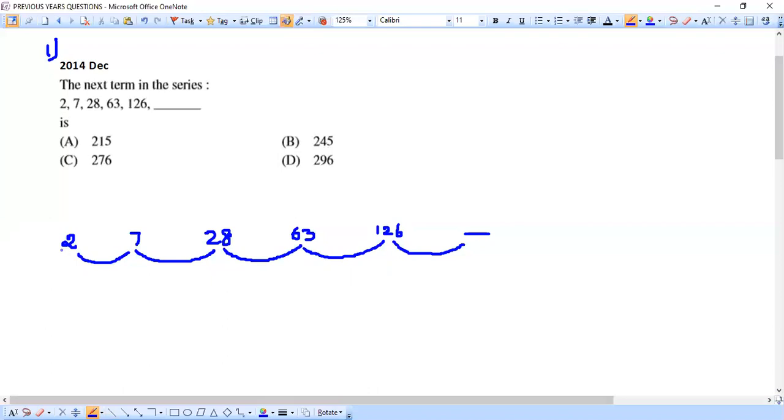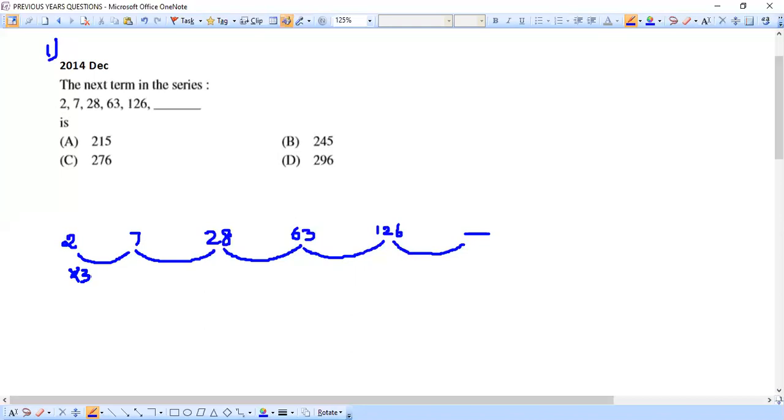So as usual, start from 2, next term is 7. Now we are going to take multiplication tables, that is start with two tables. So 2 ones are 2, 2 twos are 4, 2 threes are 6, and 2 fours are 8, right? So we shall try with 2 threes are 6, but we have 7 here in the second term.